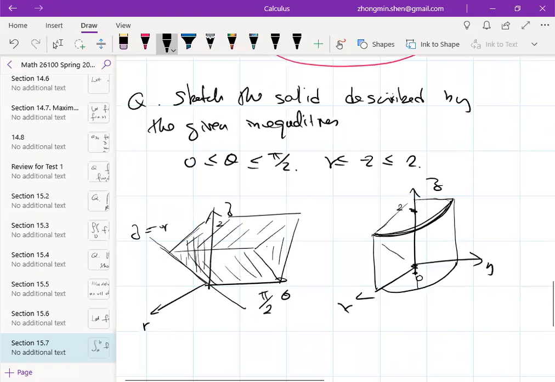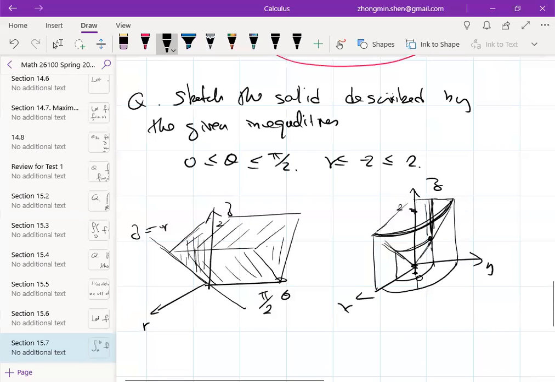So my understanding is you have to cut that piece. It's hard to draw the 3D pictures. Let's see. Z is between r and 2. So let's draw this. Say this is a circle with radius r, right? Then inside, z is between r and 2.